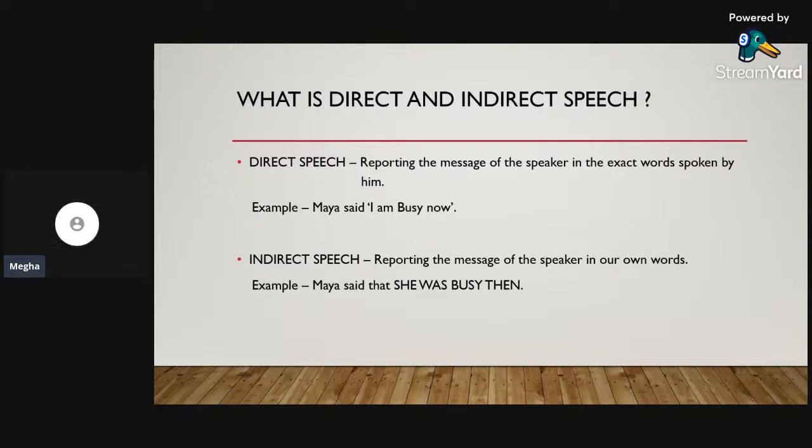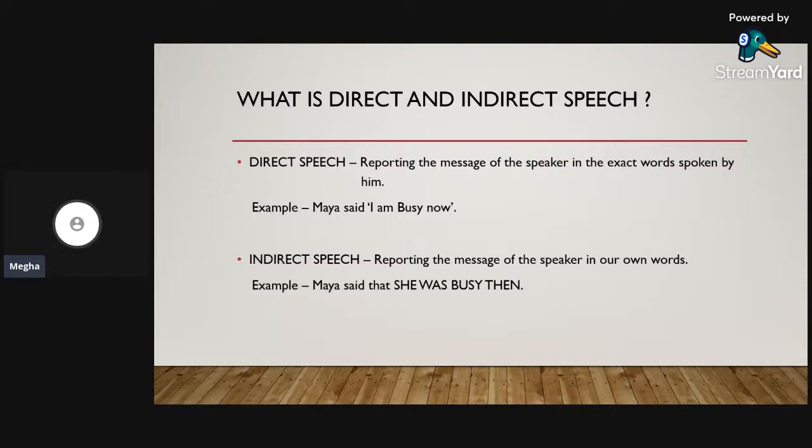That is direct speech. So, what is indirect speech? Indirect speech means repeating or reporting the message of the speaker in our own words. We are changing the sentence said, according to our words. The meaning might be the same, but the words will be changed however we want. Example: Maya said that she was busy then.